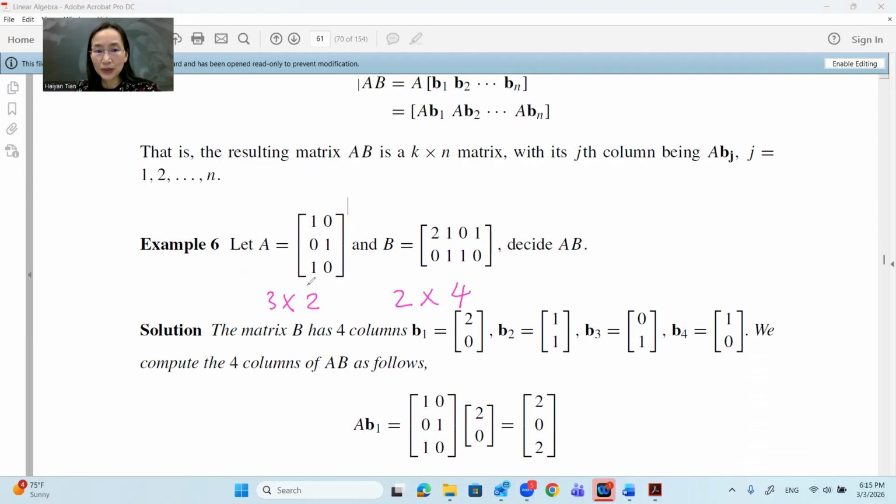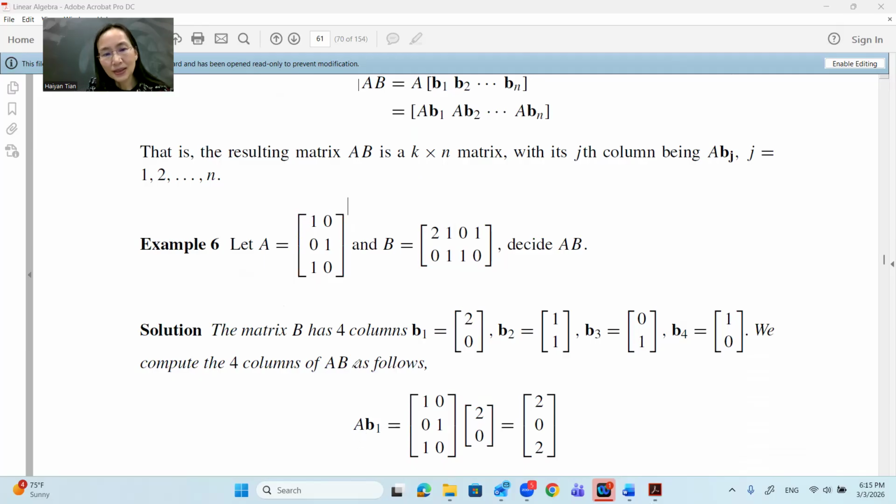Let's see. Can we multiply A by each column of B? So yes, we can. Each column has 2 entries, right? We got 4 columns, B1, B2, B3, B4. And then all we need is to multiply A by each column.